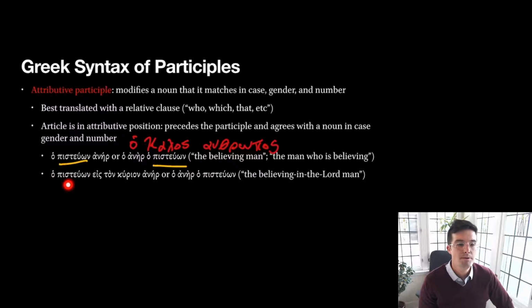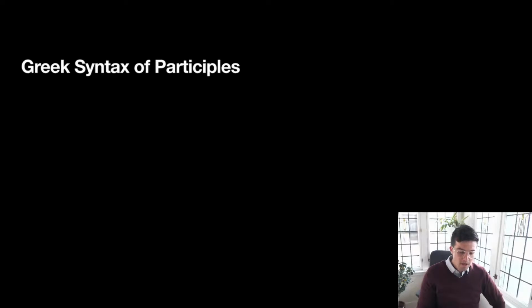So ho pisteuon still matches aner, but this eis ton kurion, in the Lord, has been stuck right after pisteuon to give us more information about the believing. So that's something to be aware of, is the noun might not be directly after the participle. There might be material that intervenes there. So that's the syntax of the attributive participle.